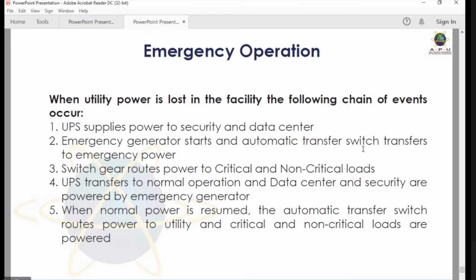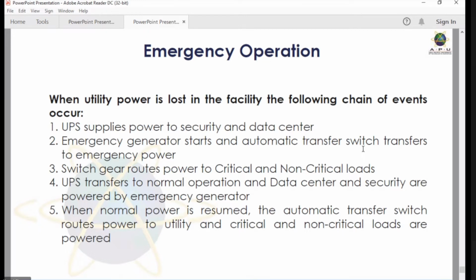So when the UPS gets energy or power from the generator, then it's back to normal. Okay, it's again recharged; the UPS is recharged by the generator. So we don't have utility but we have power from the generators.